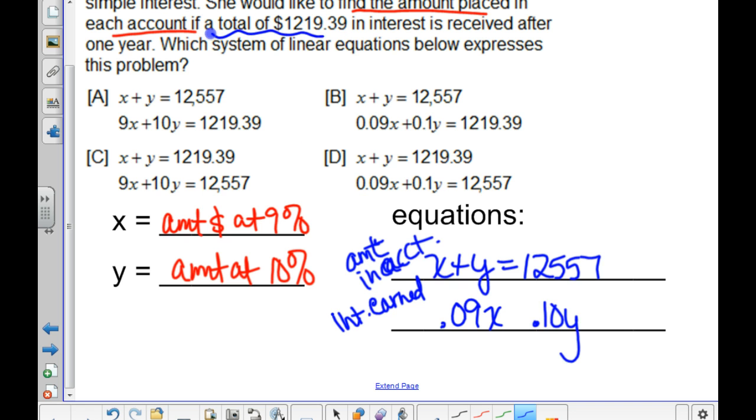And the total amount of interest she earns. So which equation is right? Everybody okay with that one? I'm not going to bother to solve.